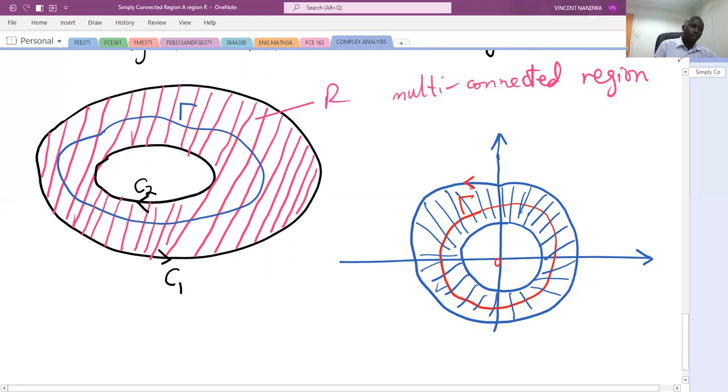So this is an example of a multi-connected region.